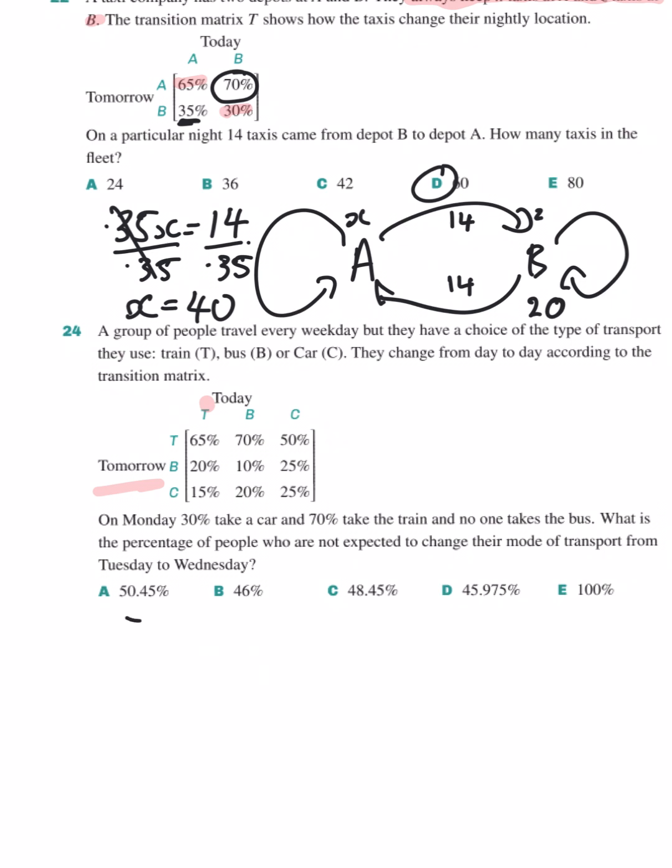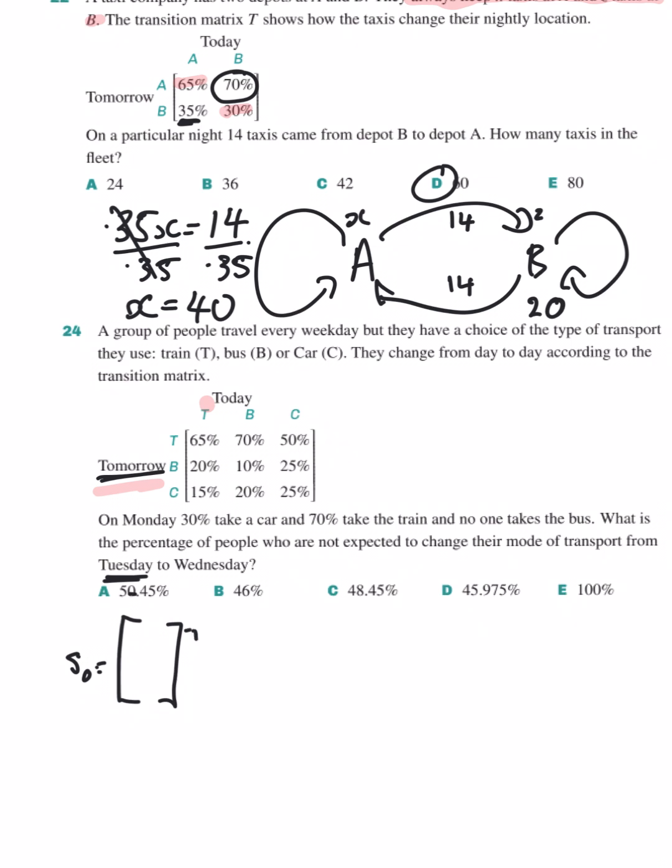I'll just say S0. What we've got to do is we've got the Monday percentages. We have to find the Tuesday percentages using the transition matrix here, and then we'll get to the Tuesday to Wednesday part after that. So I'll just put this in order.